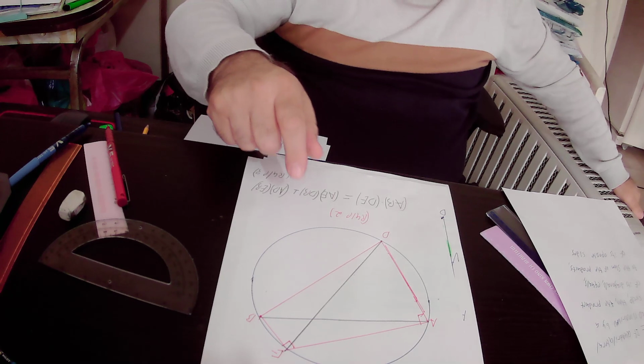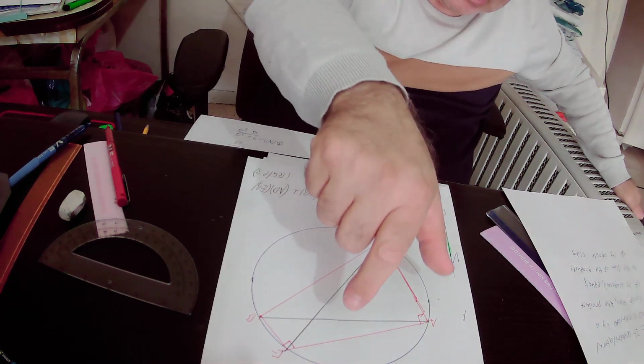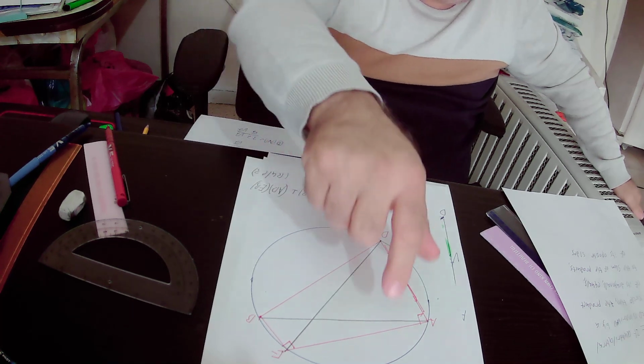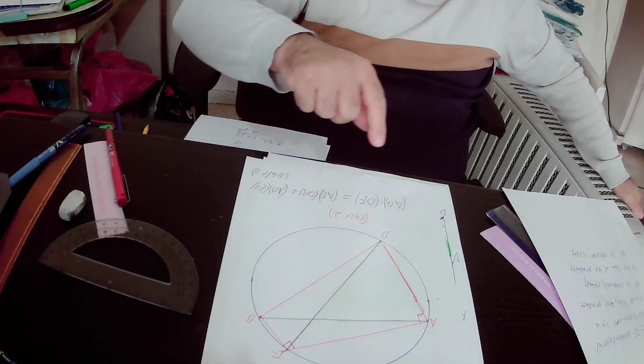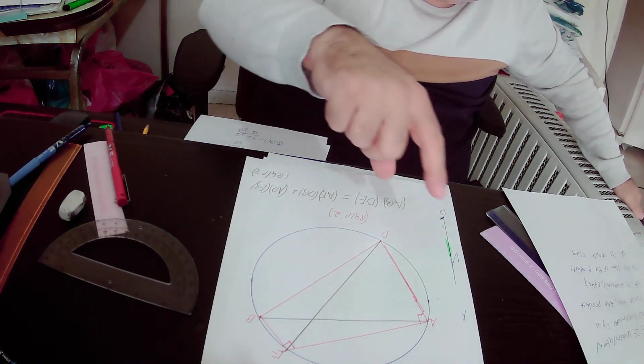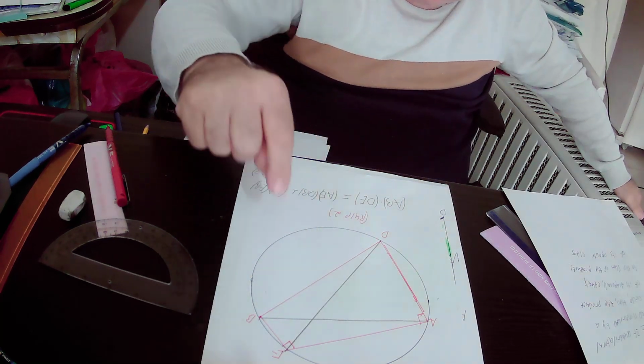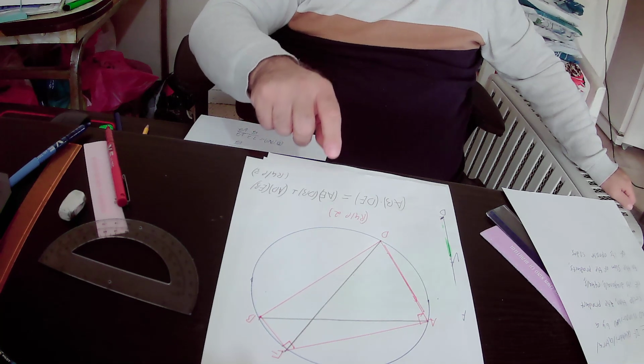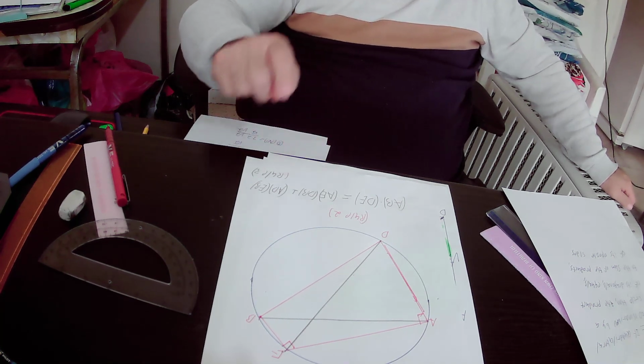The first product of its opposite sides is AE times DB, and the second product of its opposite sides is actually AD times EB.